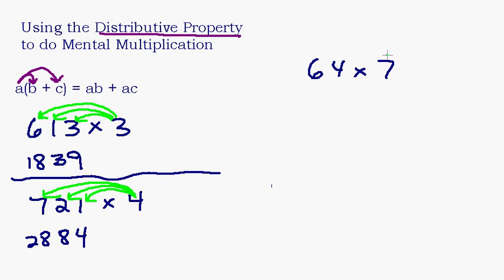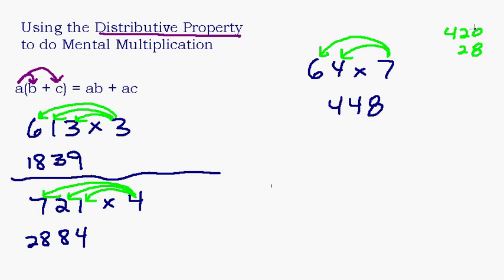We can do it. Okay, so we got that 42, but that's 60, so it's 420 plus 28. 420 and 28. We want to do it without writing it down, but we'll practice a couple. So 420 and 28 makes 448.